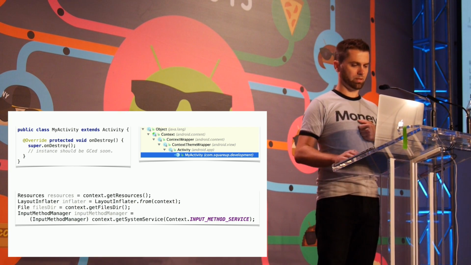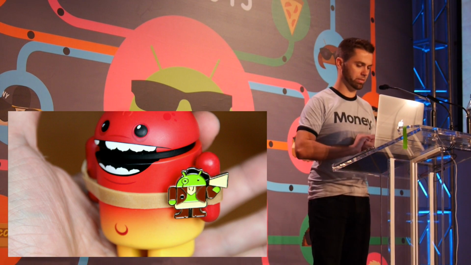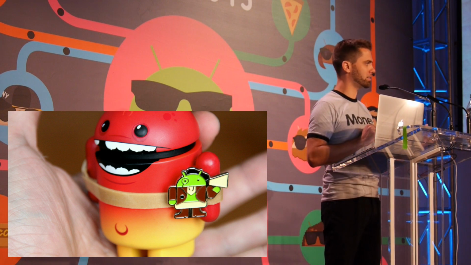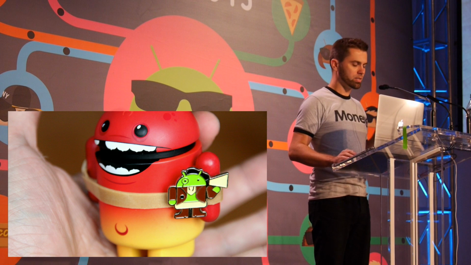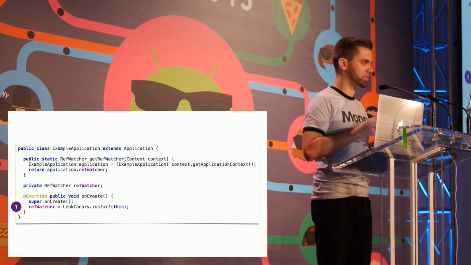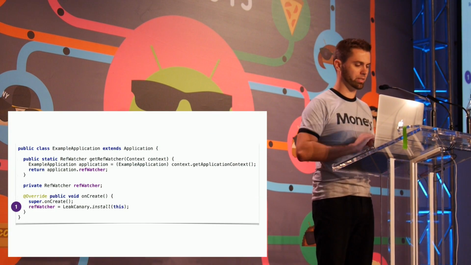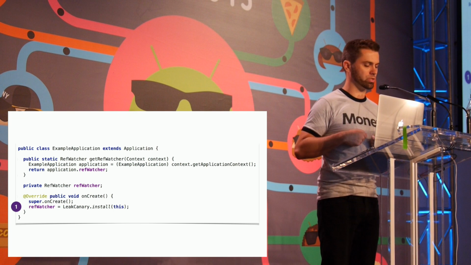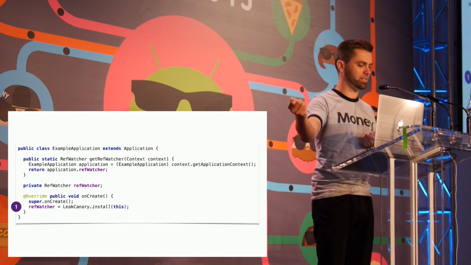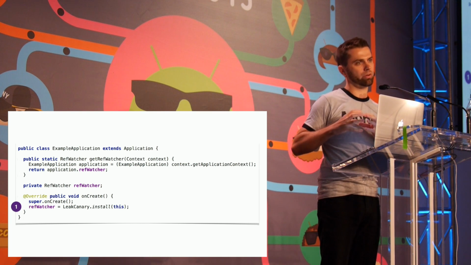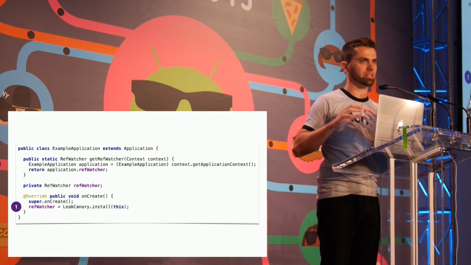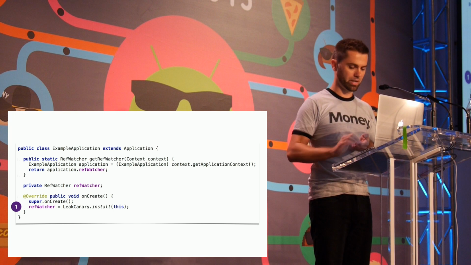So let's come back to our smart pin. When the lifecycle ends, we want to know about that and track what's going on. So LeakCanary has a simple API. The first thing you need to do is build a ref watcher, and it's basically just an object to which you're going to pass instances, and it's going to check if they're being garbage collected 5 seconds after, right?